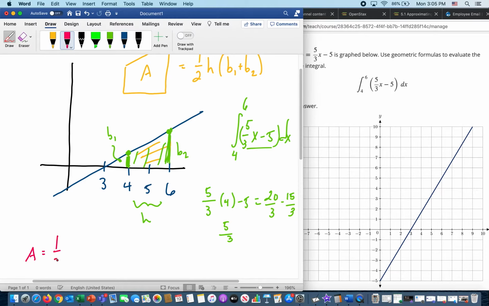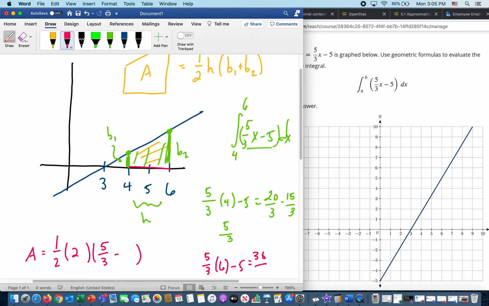I know that the height, in other words the distance between these two bases, is going to be 2. And I'm going to multiply by 5/3 plus, well, whatever we get when we plug 6 into this. So we'll have 5/3 times 6 minus 5.